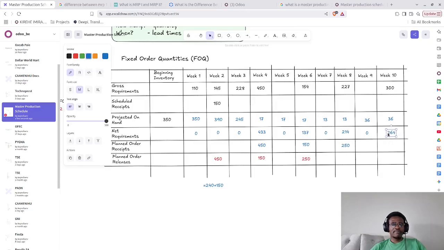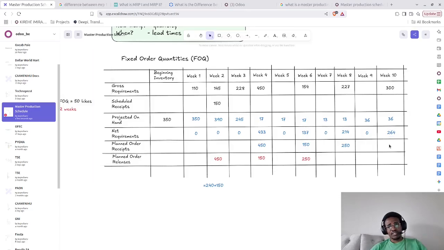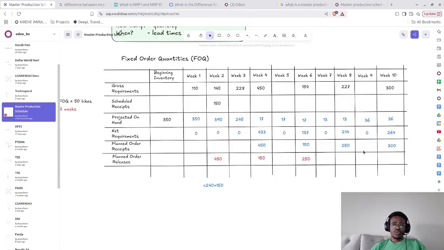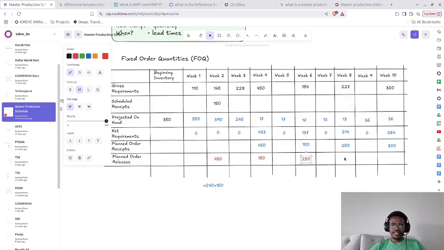I have to buy bikes in multiples of 50. So here I'll just have to buy 300. And for me to receive them in week 10, I'll have to make an order 2 weeks before. So I'll have to make an order in week 8. And this will be 300 bicycles.